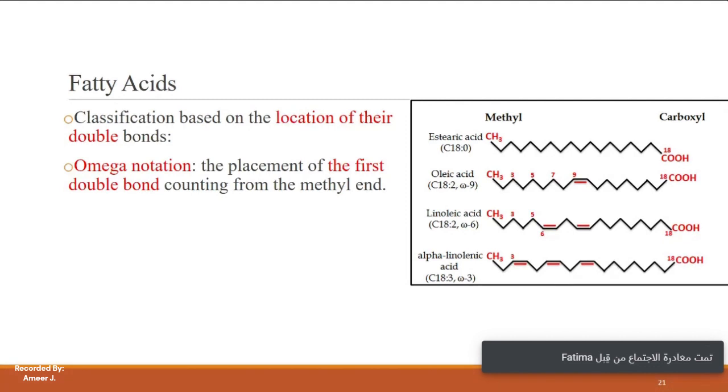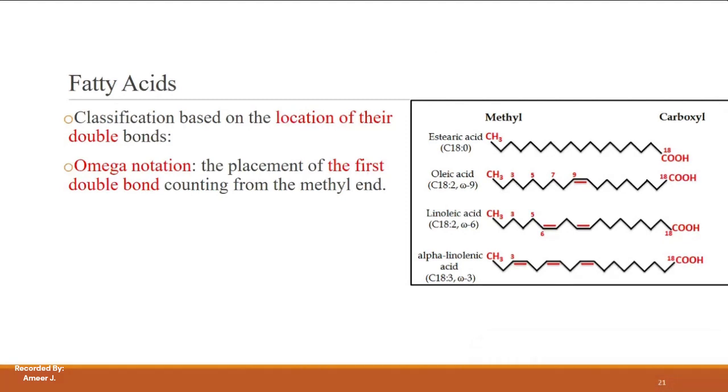But there is a classification based on the nature of the double bonds, the main one being the classification based on the omega carbon. Omega notation gives the placement of the first double bond counting from the methyl end.